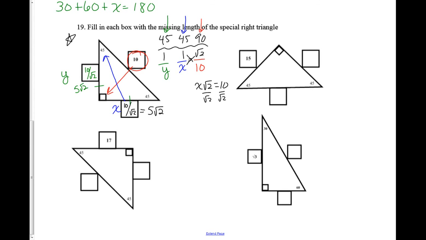Now we need to solve for y. I eliminate the x, I don't want to see it anymore, and then I write my fraction 1 over y equal to my fraction, square root of 2 over 10. I cross multiply. y times the square root of 2 is equal to 10. Divide both sides by the square root of 2, and I get y is equal to 10 divided by the square root of 2, which is what I had found for x.